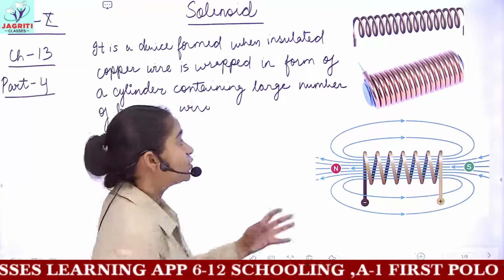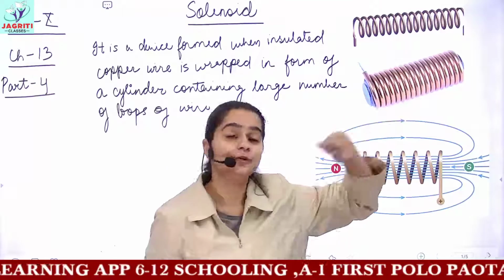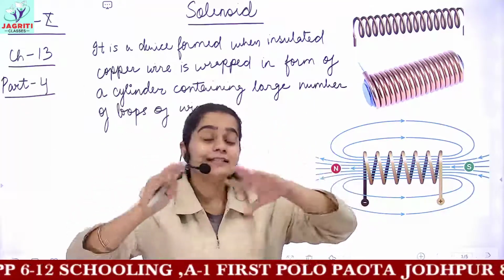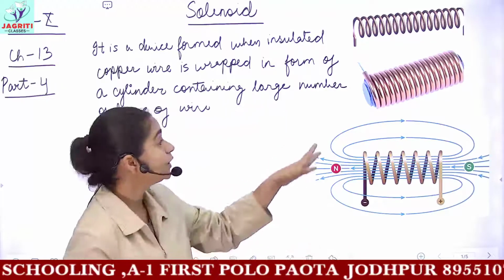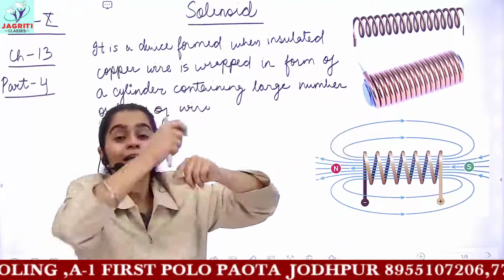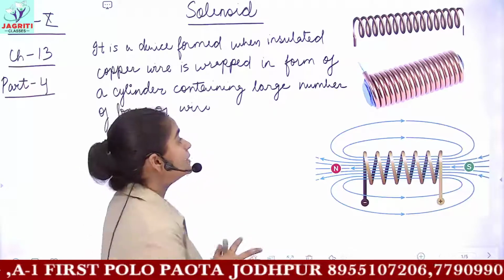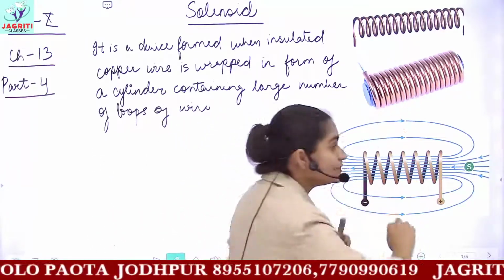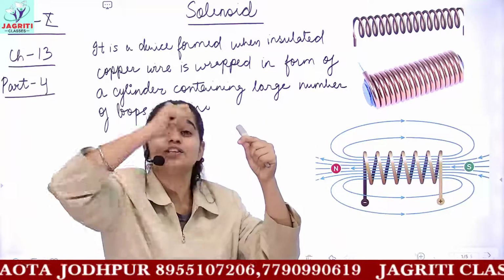That is, a solenoid contains a very high number of loops. If you take a long wire and wrap it, please remember that these loops should be separated from each other. You can maintain a certain distance, or you can wrap it continuously just one above the other.